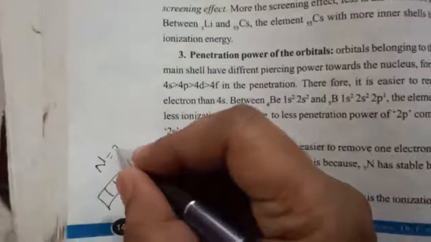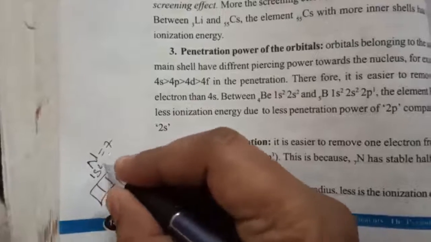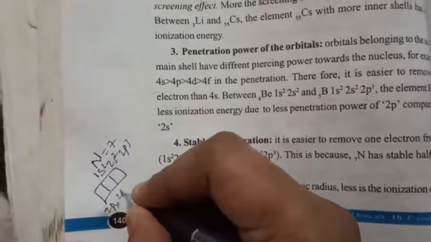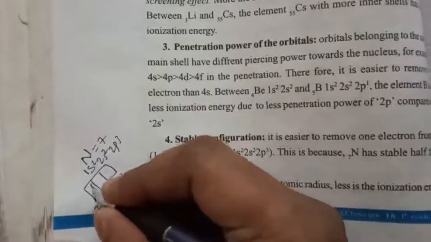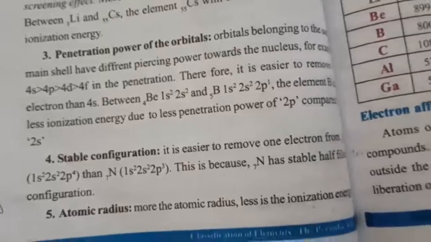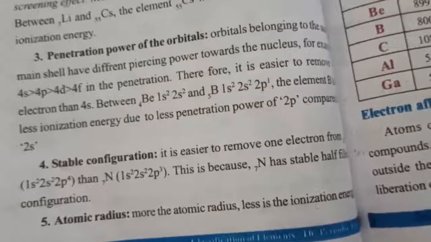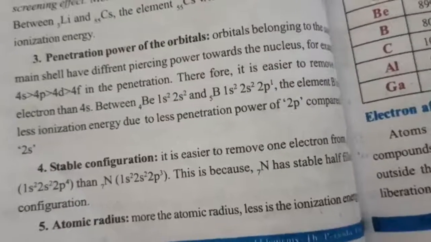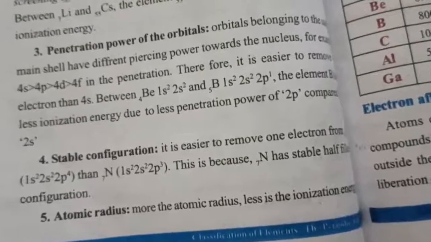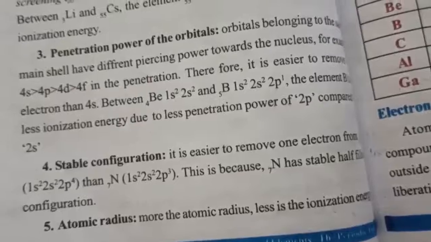Nitrogen, atomic number 7: 1s2, 2s2, 2p3. Here the 2px, 2py, 2pz orbitals are exactly half-filled. So it is a stable configuration, and that's why it is very hard to remove an electron from nitrogen than oxygen. Due to the stable configuration, ionization energy will increase.